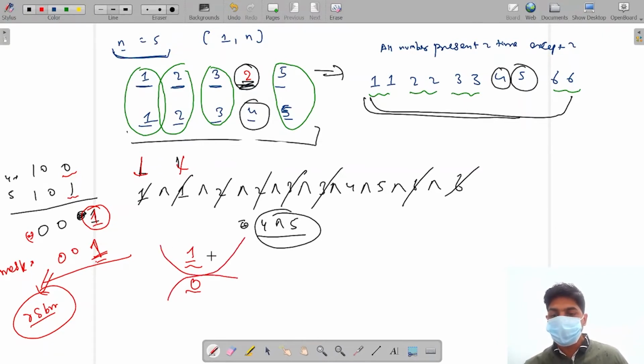All those numbers for which the bit is 1, we'll take XOR, and for all those numbers for which this bit is 0, we'll take a separate XOR. So 1 has this particular position as 1, so 1 XOR 1. Now 2, in binary, is 010. So this particular bit for 2 is not 1, so 2 will be in the separate group.